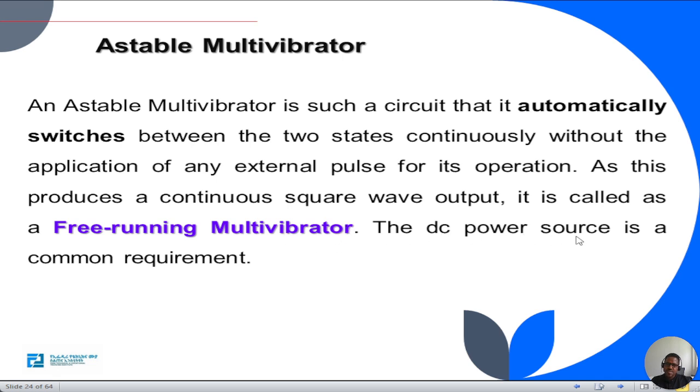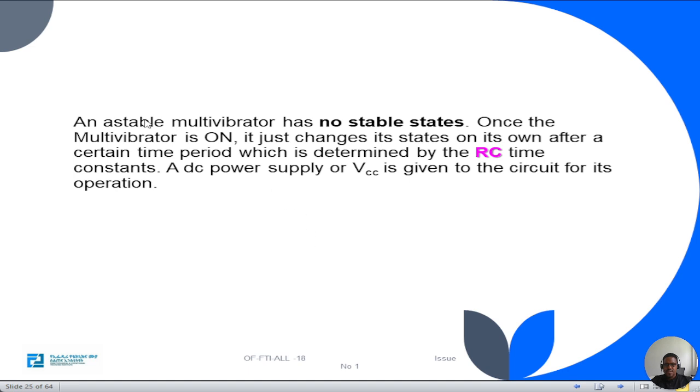The DC power source is a common requirement for the astable multivibrator circuit. So an astable multivibrator has no stable state. Once the multivibrator is on, it just changes its state on its own after a certain time period, which is determined by the RC time constant.